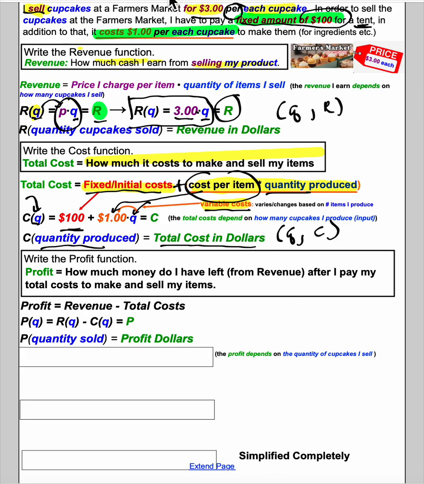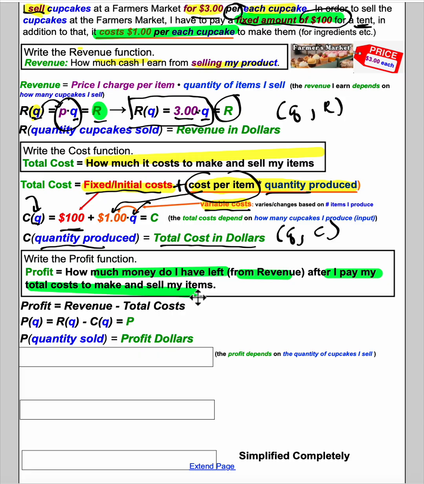Now if I want to write my profit function, profit, if I just try to describe it in context, real world words, how much money do I have left over from my revenue after I pay my total costs?